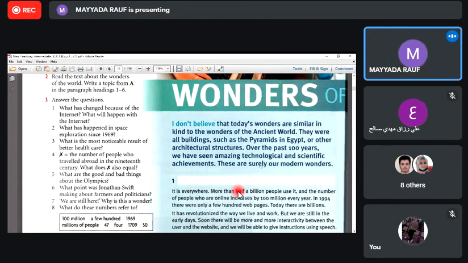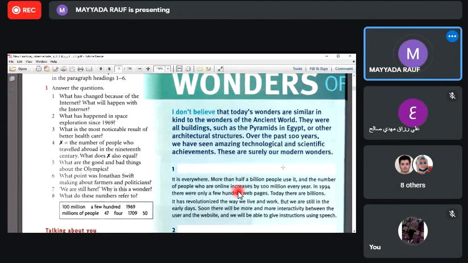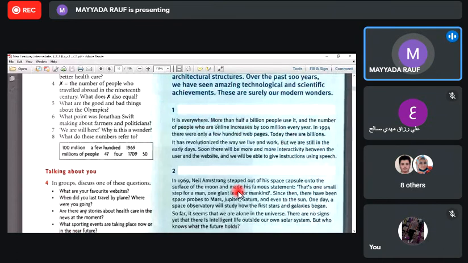These are surely our modern wonders. It's everywhere. More than half a billion people use it, and the number of people who are online increases by 100 billion every year. In 1994, there were only a few hundred web pages. Today, there are billions. It has revolutionized the way we live and work. But we are still in the early days. Soon there will be more and more wonders to discover.